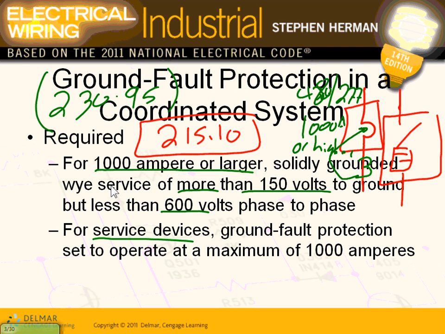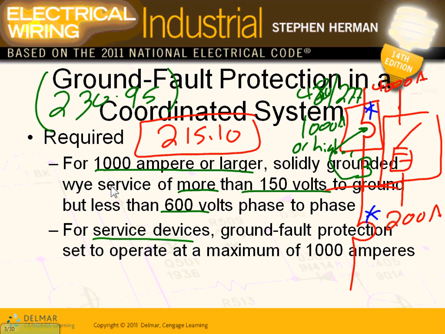Say here's a feeder, and for practical reasons one is 4,000 amp and this one is 2,000 amp. Do you agree that the top one is a service overcurrent protection device, and this one is a feeder overcurrent protection device?